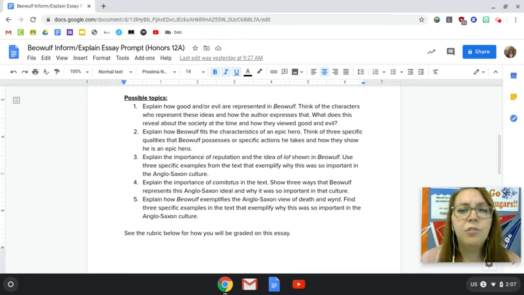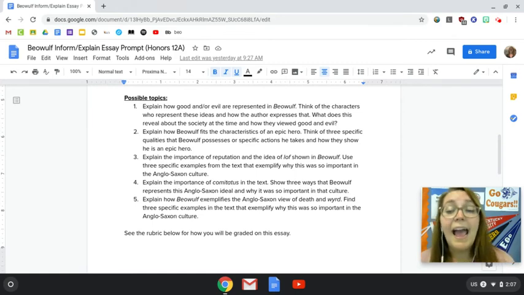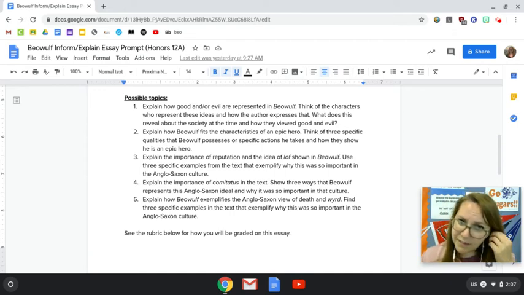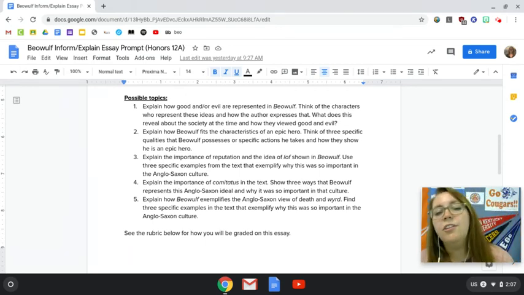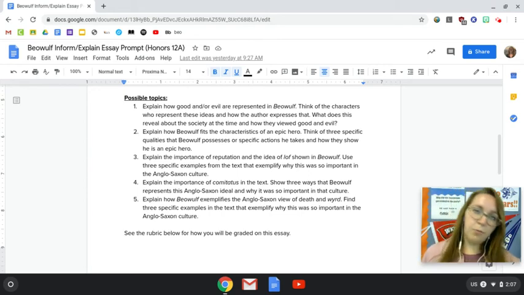In the text, show 3 ways that Beowulf represents this Anglo-Saxon ideal and why it was so important to that culture. And number 5, explain how Beowulf exemplifies the Anglo-Saxon view of death and word or fate. Find 3 specific examples in the text that exemplify, again, why this was so important in Anglo-Saxon culture.